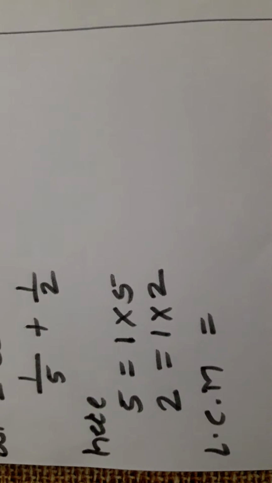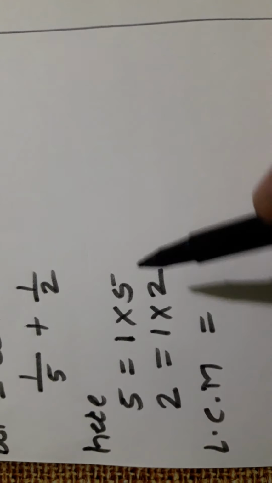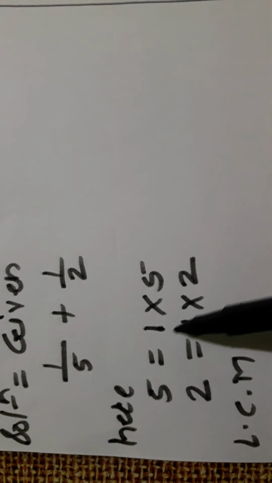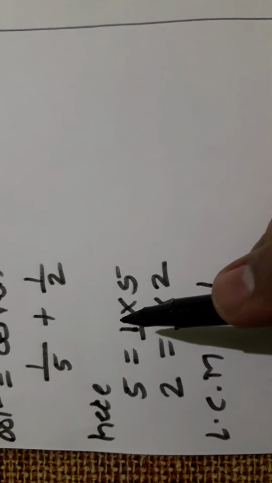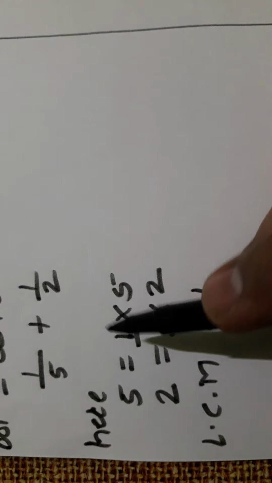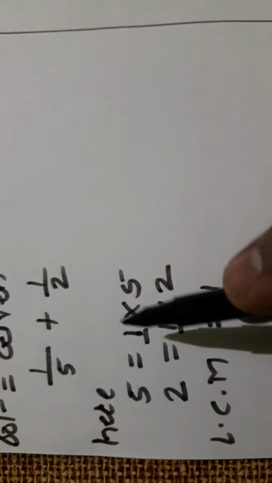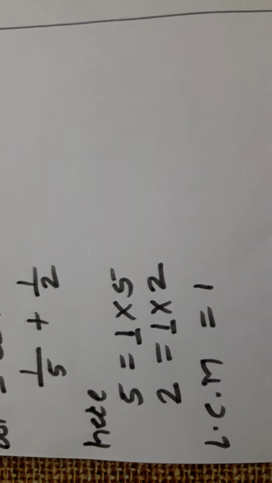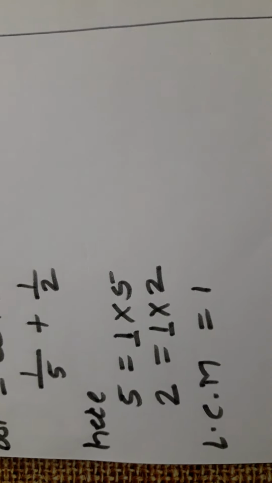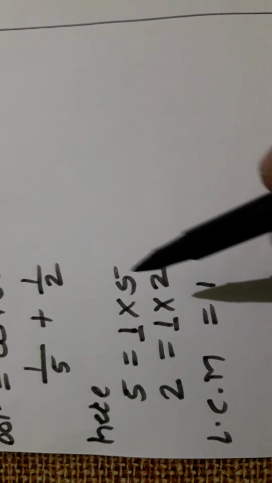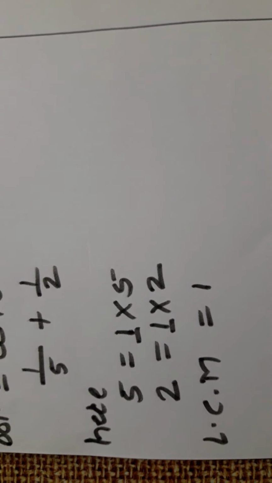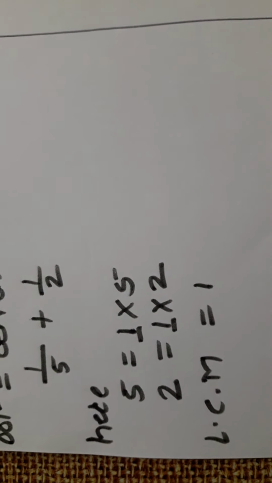After focusing, we first find the common factors. Here 1 is the common factor, so write that 1 as it is. If a number is present in both the factors, we carry that number only one time.